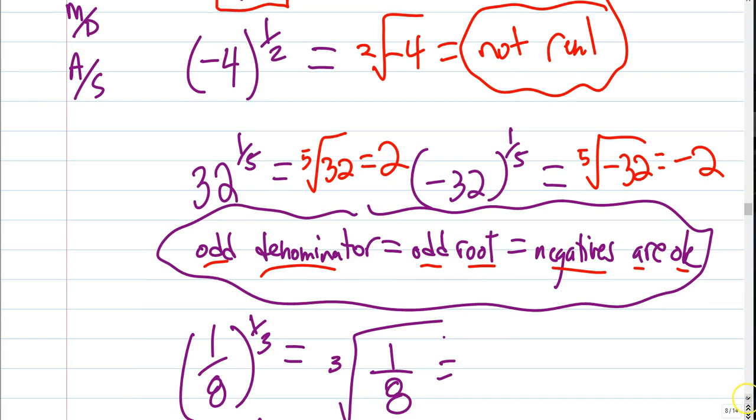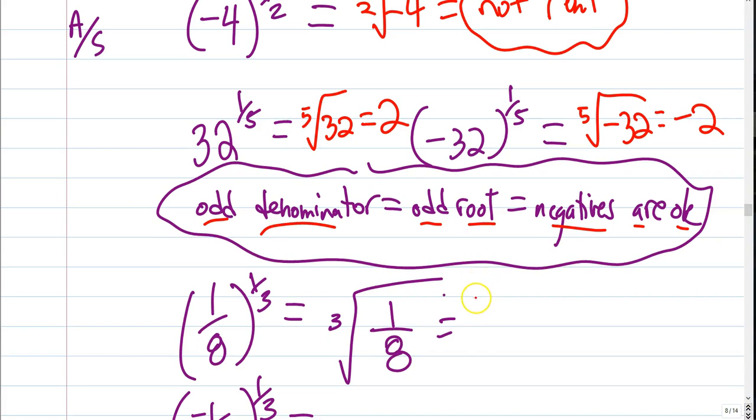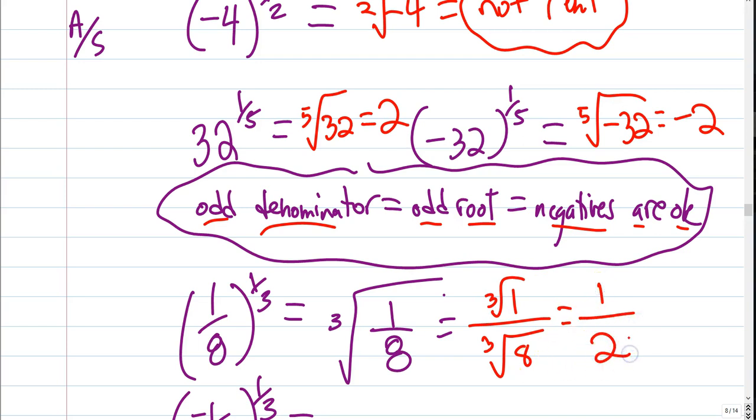What if I have 1/8 to the 1/3? Well, that is still what? The third root of 1/8. We can do that. If I split it, I get the third root of 1 over the third root of 8. I need to keep those 3's in the roots. Third root of 1 is 1. The third root of 8 is 2.